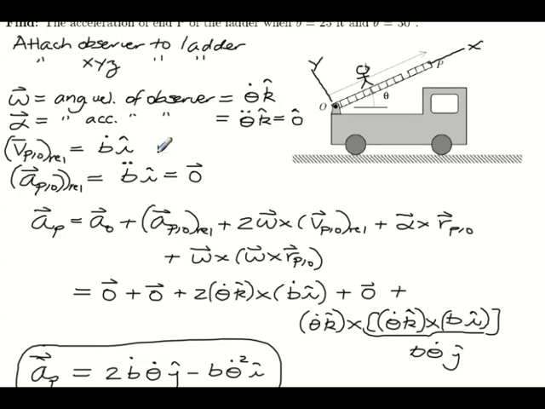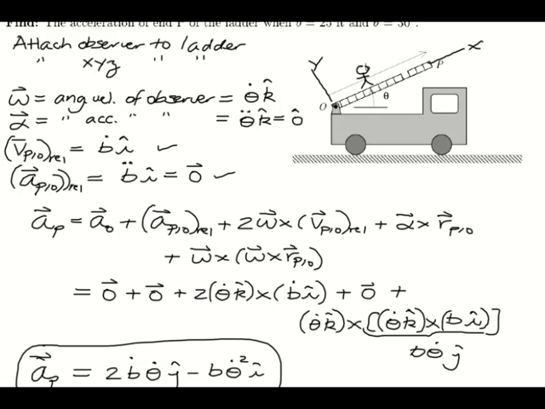That's where we get our V_rel term. Also, since b dot is a constant and the observer sees a straight line path, that's a 0. But also the rotation of our observer is set by the rotation of the ladder, because that's what our observer is attached to. So that's just theta dot k, and the alpha is theta double dot k, which is a 0.